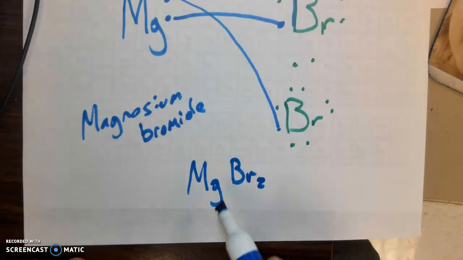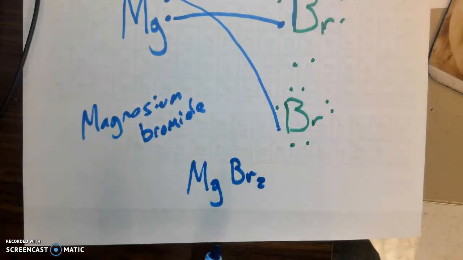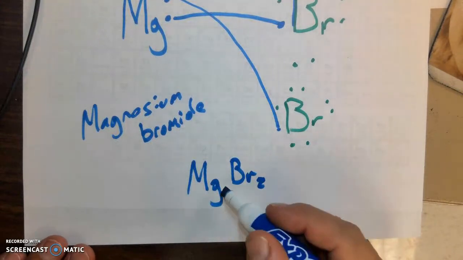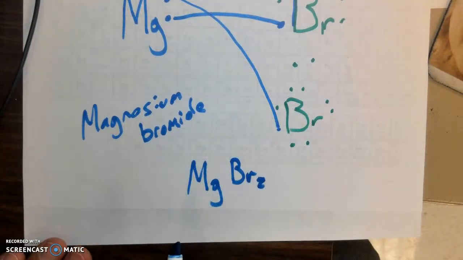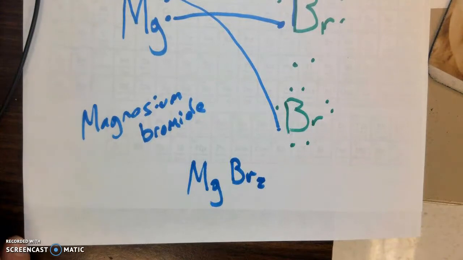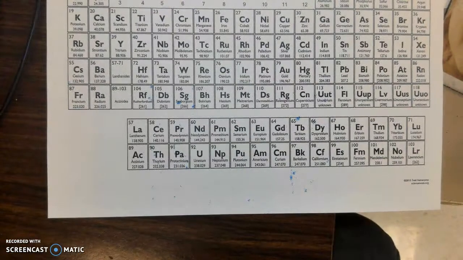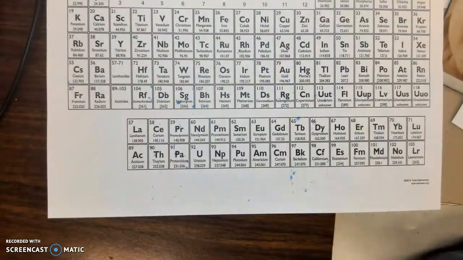Now why didn't I put a 1 down here to show that there's just 1 Mg? We don't do that. It's implied. You would look silly to any chemist if you put a 1 down here, and nobody wants to look silly. It's automatically 1. So magnesium bromide. Okay, we'll do a few more. We'll do 1 more on this video, and then we'll practice a little bit more.